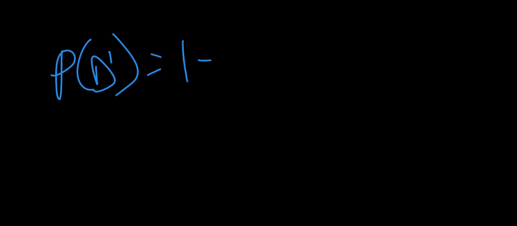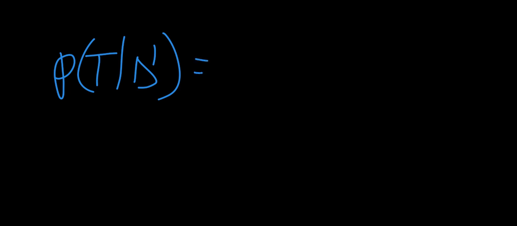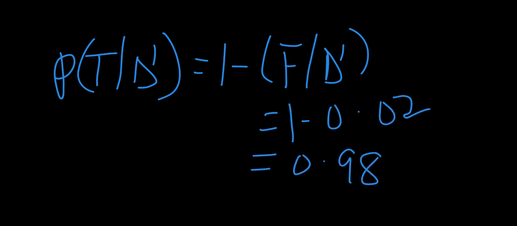Well, the probability of it not being defective is just 1 minus the probability of it being defective, which is, alright, and the probability of it being this, alright, it's just 1 minus it.